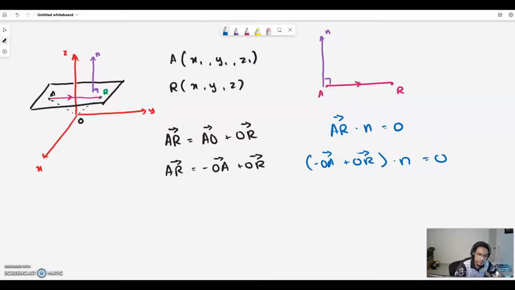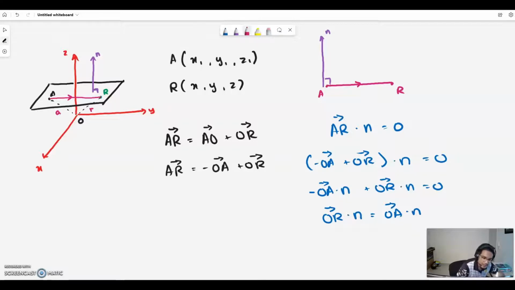So we have negative OA dot n plus OR dot n equal to 0. Now we change the vector OR into the vector R, and vector OA into vector A, and then we have R dot n equal to A dot n. So this is the equation of a plane.